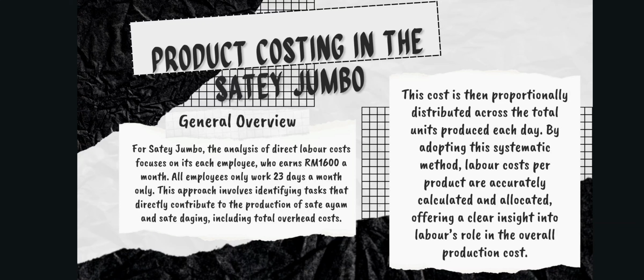This approach involves identifying tasks that directly contribute to the production of satay ayam and satay daging, including total overhead costs. And this cost is then proportionally distributed across the total units produced each day. By adopting this systematic method, labor costs per product are accurately calculated and allocated, offering a clear insight into labor's role in the overall production cost.